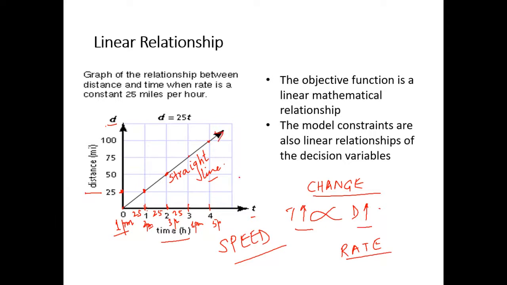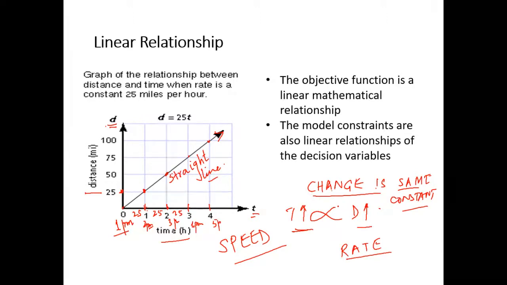And that is why such relationships are called linear relationship, when the rate of change is same, is constant. Rate of change is constant. So this means the relationship between the decision variables is constant. It's moving at an equal proportion, as she had just said.